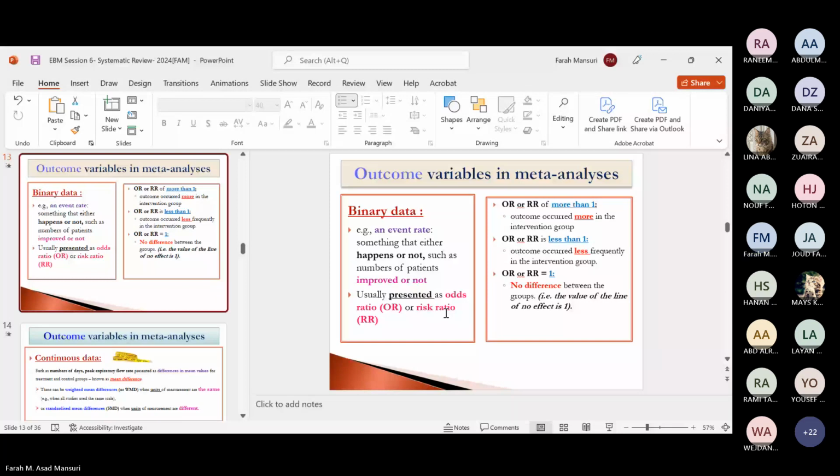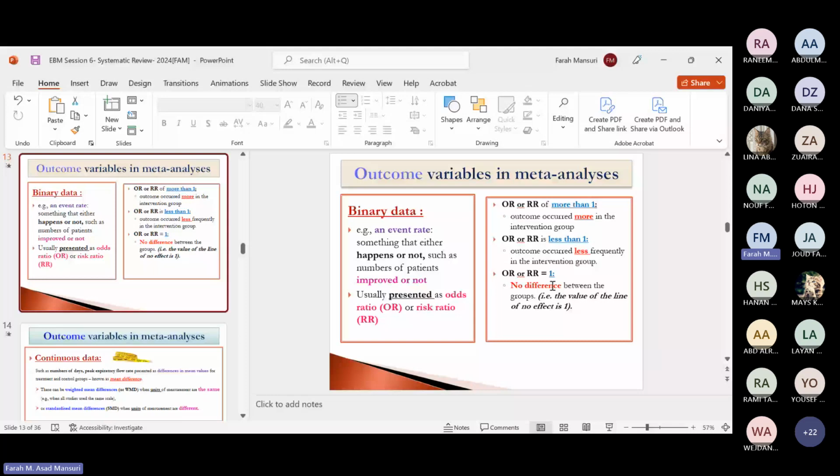So odds ratio, if it is more than 1, then we say that the outcome occurred more in the intervention group. If it is less than 1, that means the outcome is less in the intervention group.